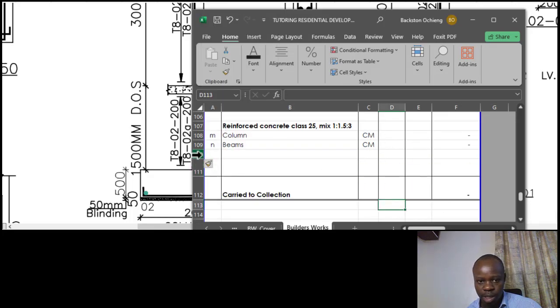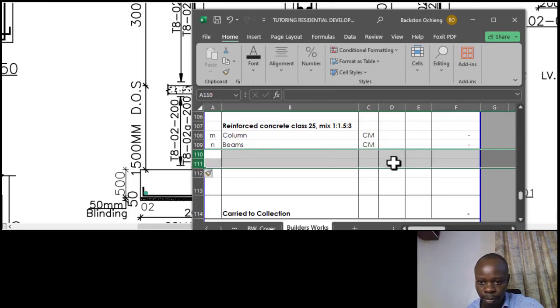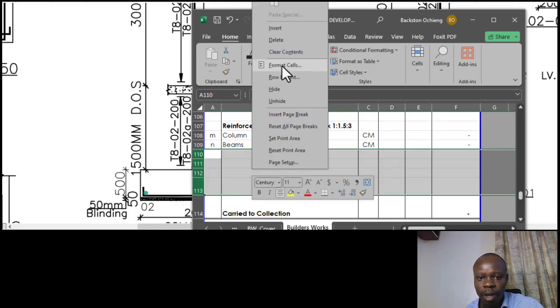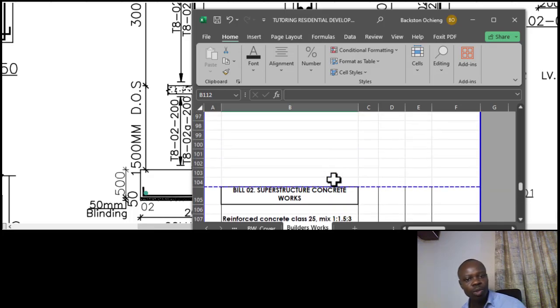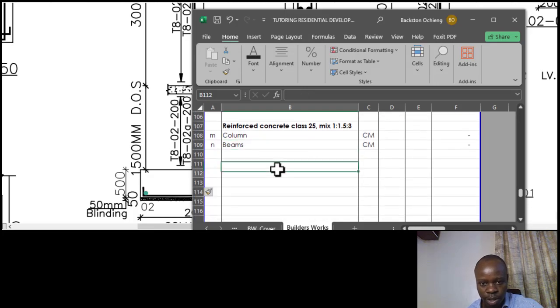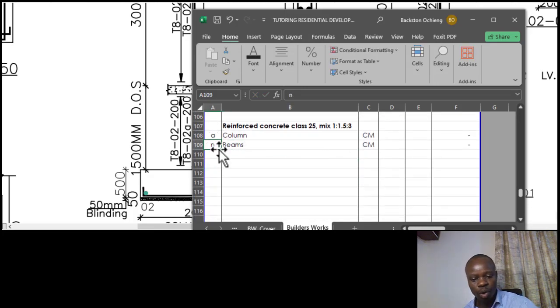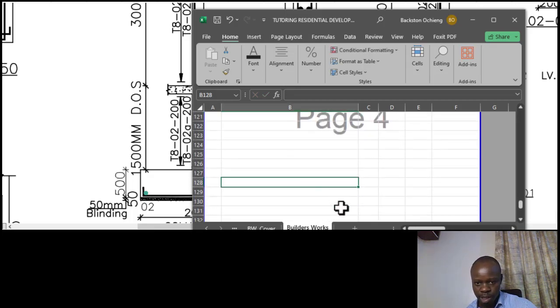So I want the rest of the cells to be here. Okay, for the rest of the items that I'll be doing, of course, when I insert new items, I'll be inserting new cells as we go on. Alright, so that is it.